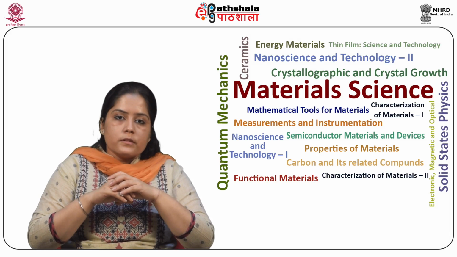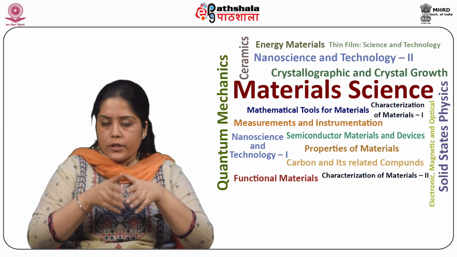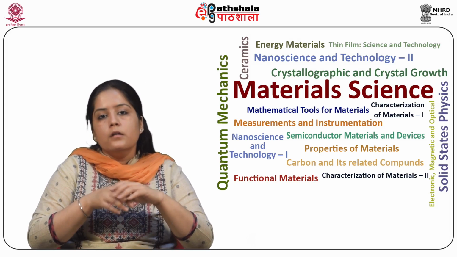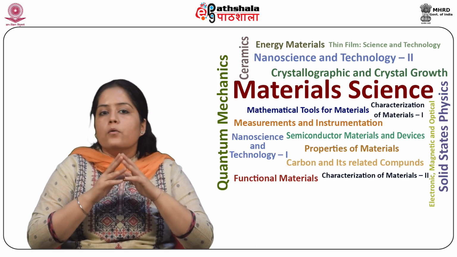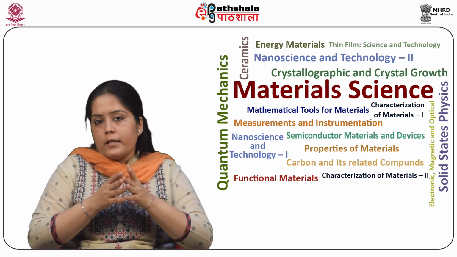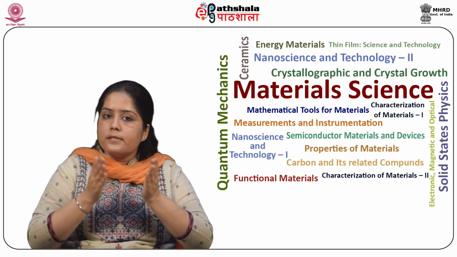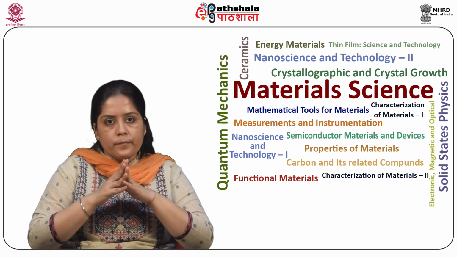Now students, the materials which we are going to discuss in this module are mostly those polymers whose main polymer backbone or chain consists of aromatic cycles or double bonds.